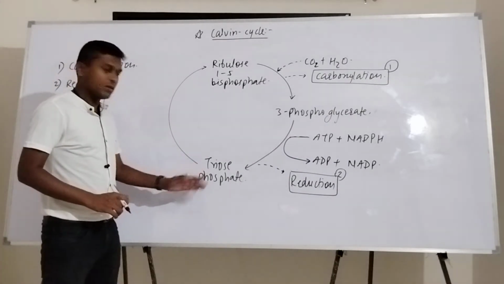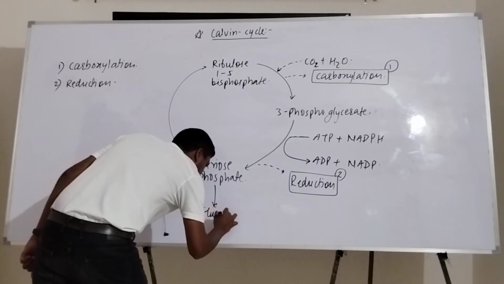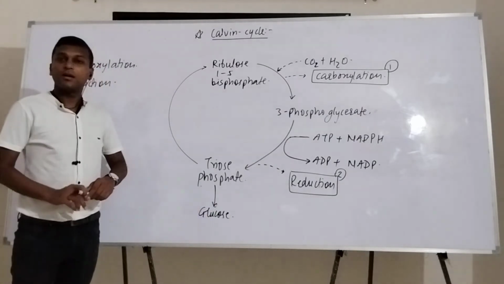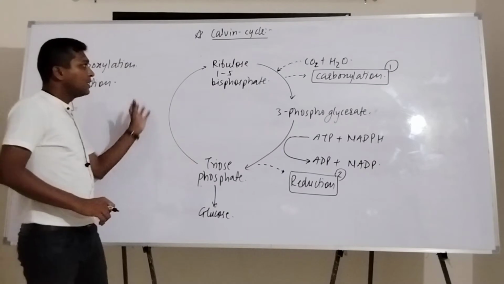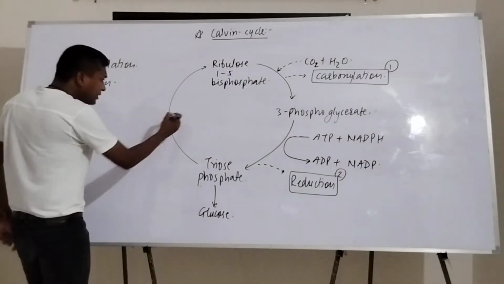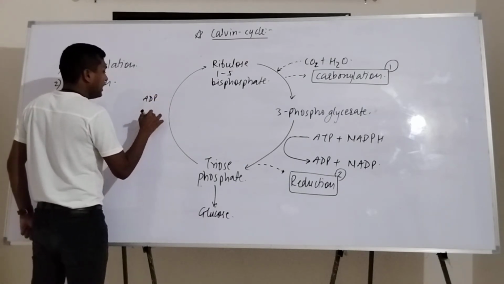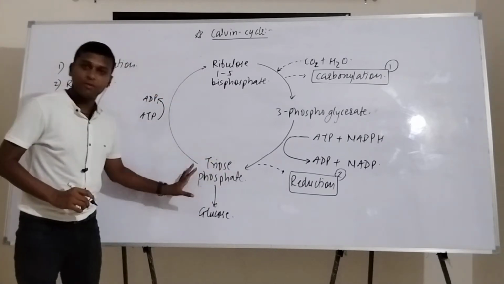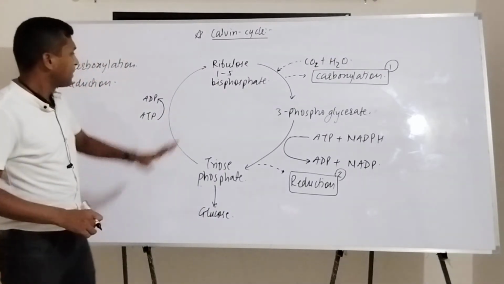Now this triose phosphate is later used for the production of glucose and starch. But not all triose phosphates are used for glucose. Some of the triose phosphates are used for the regeneration of ribulose bisphosphate. In this step there is utilization of energy, and with its help some triose phosphate molecules are converted into ribulose 1,5 bisphosphate molecules.